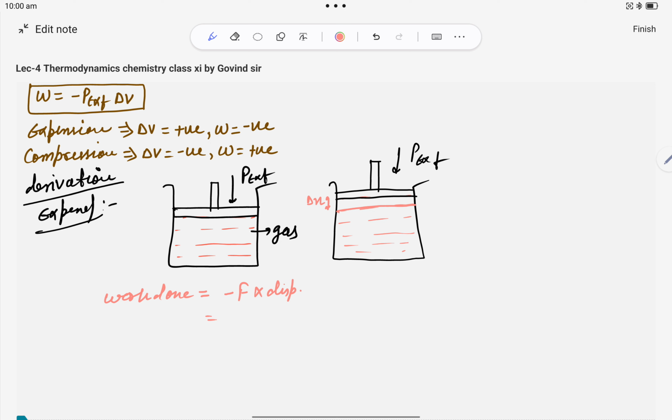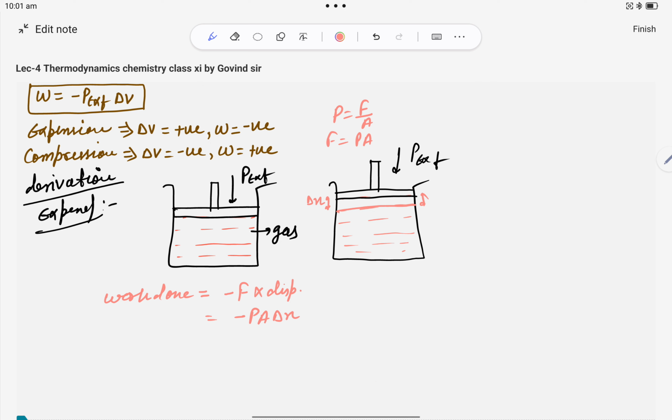How do we find force? Pressure is equal to F upon A, then F is equal to PA. So you can use minus PA, and the displacement is delta x.